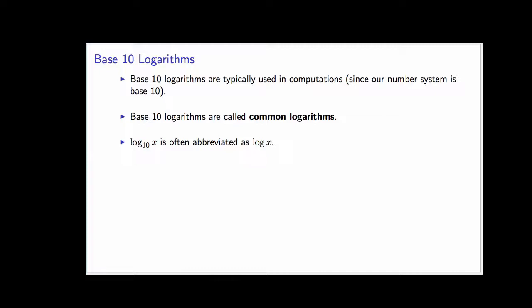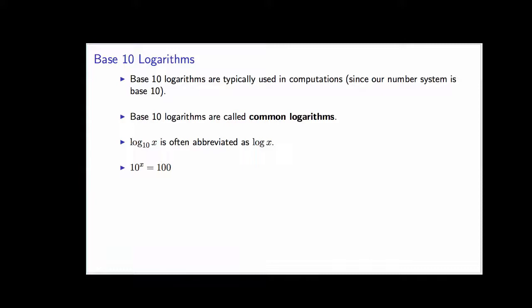You should notice that your calculator will have a button log, and this refers to the base 10, or the common log. Let's look at a few examples of the base 10 or common logarithm. If we have the exponential equation 10 to the x equals 100, we know that x is equal to 2 because 10 squared is equal to 100.